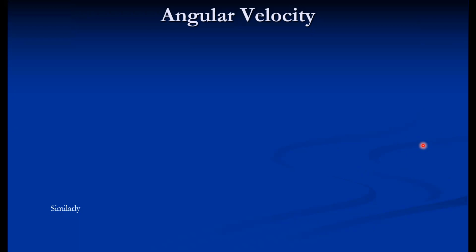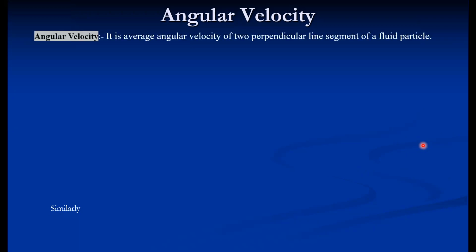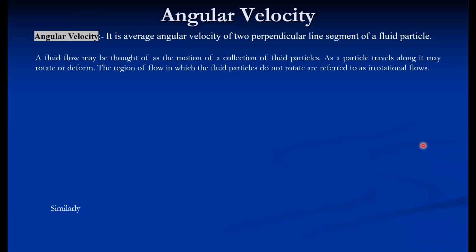As per the definition, angular velocity is the average angular velocity of two perpendicular line segments of a fluid particle. A flow may be thought of as a motion of a collection of fluid particles. As the particle travels along, it may rotate or deform.